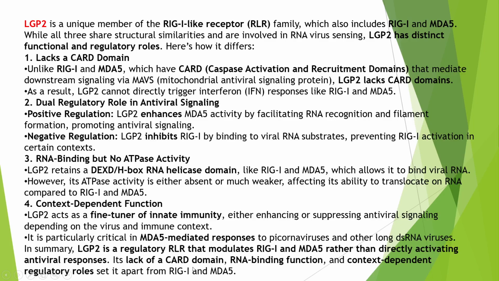It lacks the CARD domain, has RNA binding function, and has context dependent regulatory roles. In these areas it differs from its family members RIG1 and MDA5. The main points are: it lacks the CARD domain, it has a dual regulatory role in antiviral signaling, it binds RNA but has no ATPase activity, and it is a fine tuner of innate immunity. However, it does not directly activate the antiviral response.